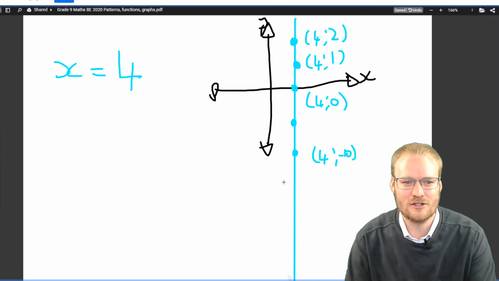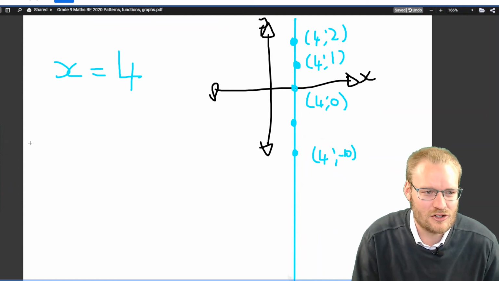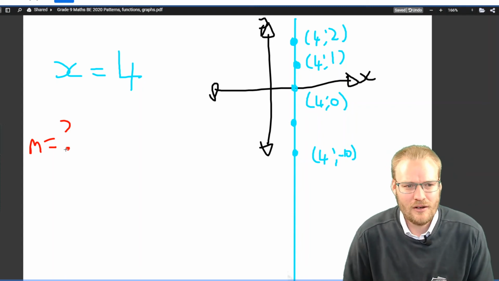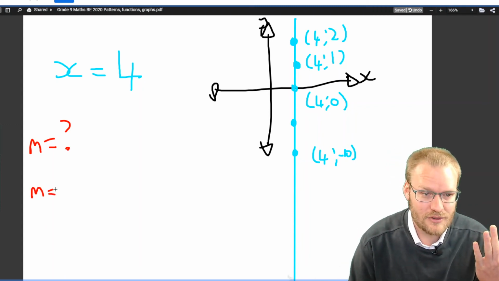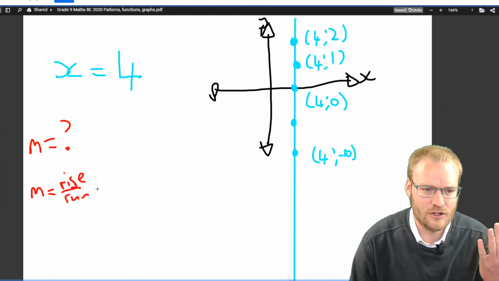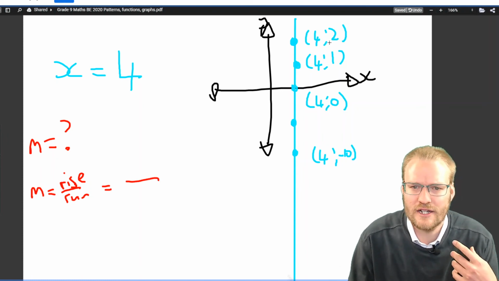And the last bit that we're going to look at is, what's our gradient? So for this function, our gradient is what? 3 ways of looking at gradient. Let's start with our m equals rise over run, because this is the one that we use to determine it. So let's choose 2 points.